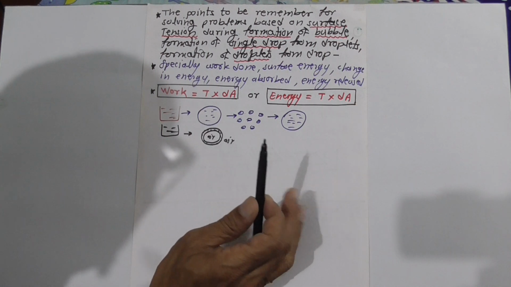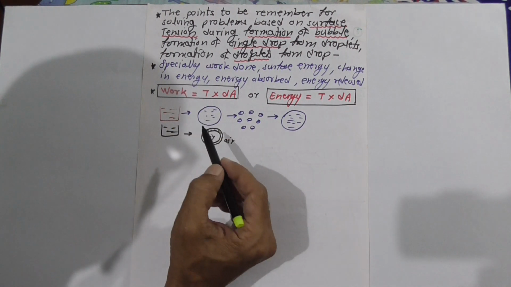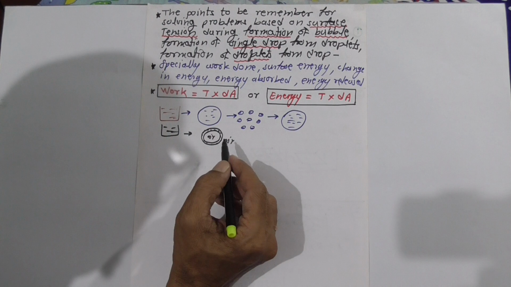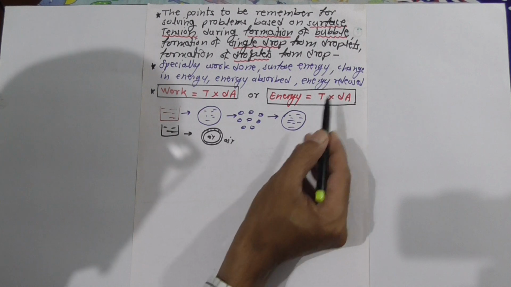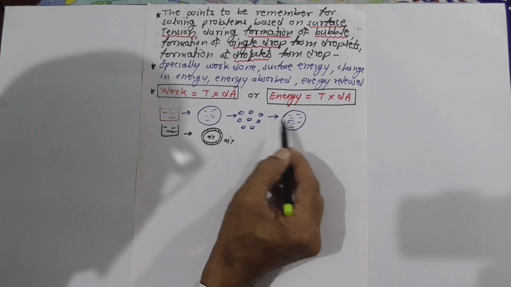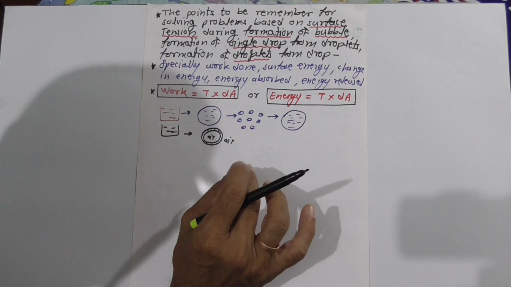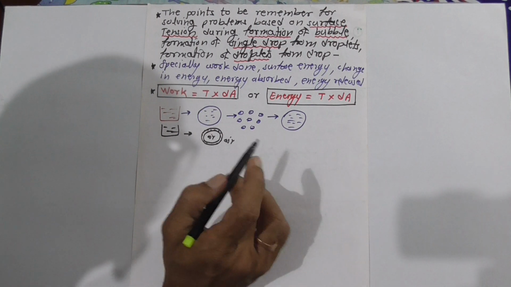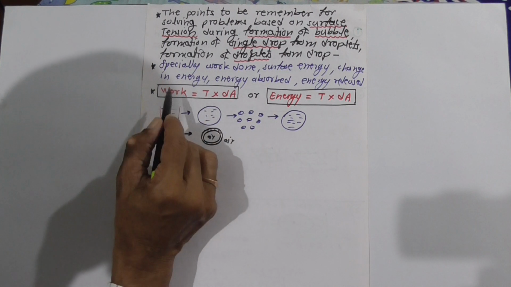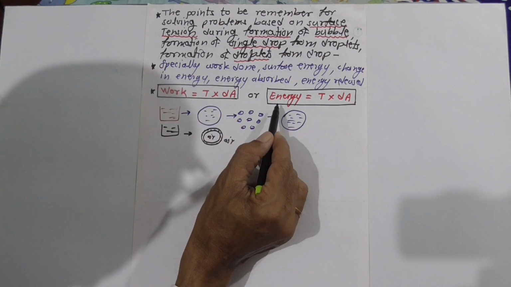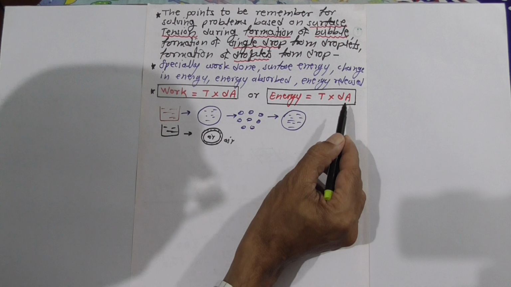Whatever work is done, whatever surface energy is possessed, whatever energy changes during change in surface area, whatever energy is absorbed during formation of droplets, whatever energy is released during formation of a single drop from the droplets, we have to discuss all this right now. The basic formula for that is work done equal to T into change in area. Work is nothing but energy. This energy is also called surface energy, and it is again the same formula, T into dA.